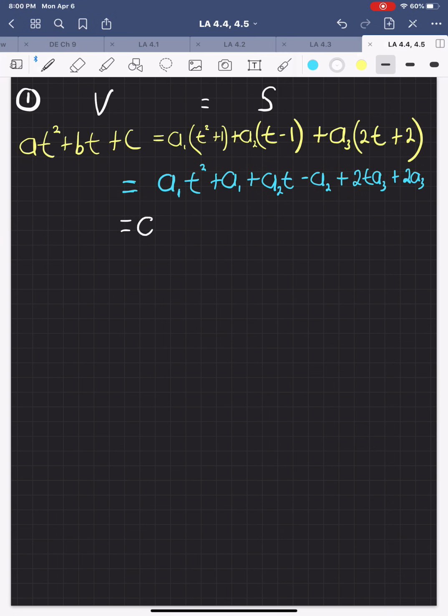So a sub 1 t squared, there were no more t squareds. All right, and then plus, I'm going to do two things at once. Let's agree that these two terms are the only terms that have a t.